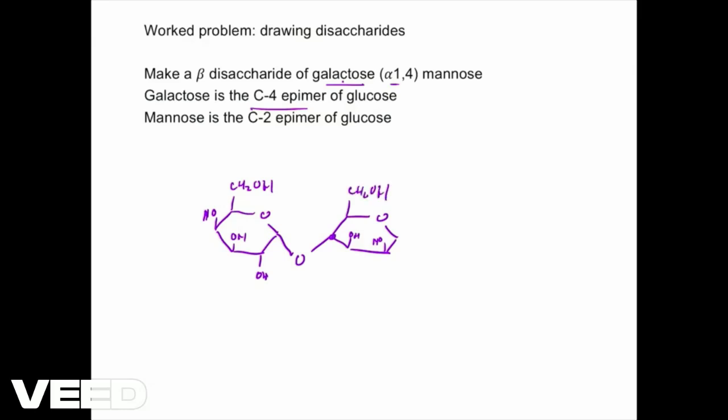And the last thing we need to do is that the fact that this is a beta disaccharide indicates the stereochemistry on mannose, because mannose has a free anomeric carbon. So we expect its hydroxyl to be pointing up. So that would be our galactose alpha 1,4 mannose in a beta disaccharide.